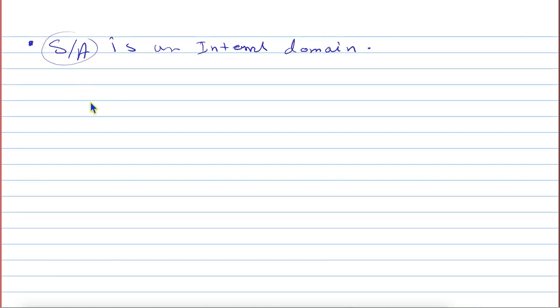So let's assume that we have two elements, B plus A and C plus A, in the quotient ring S mod A, such that their product is 0.